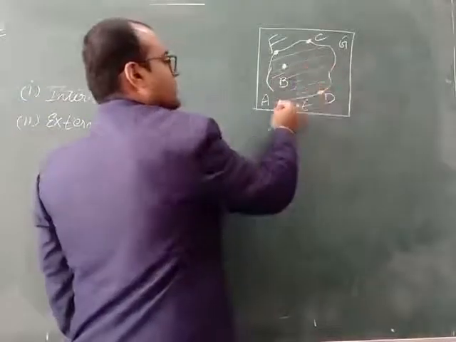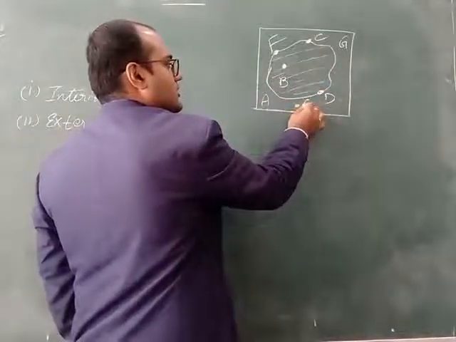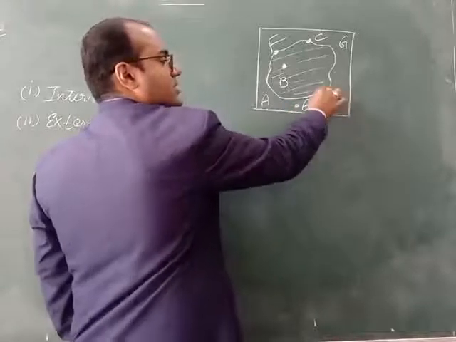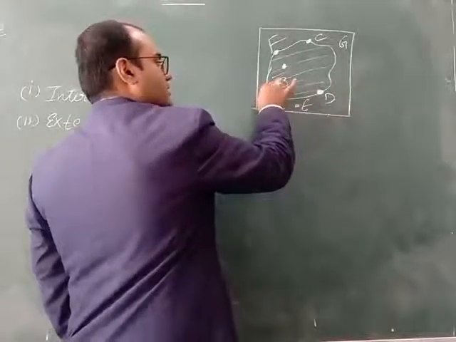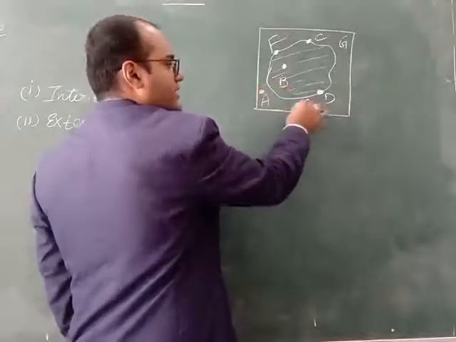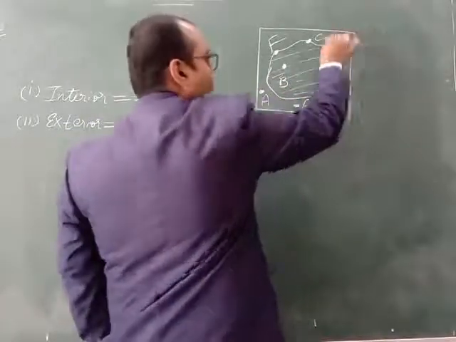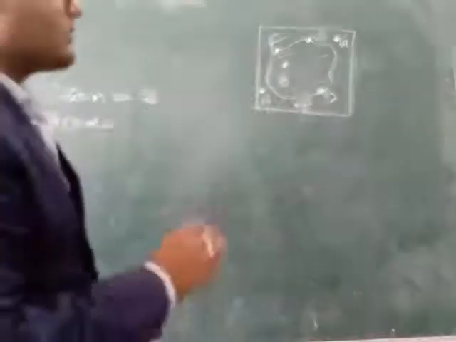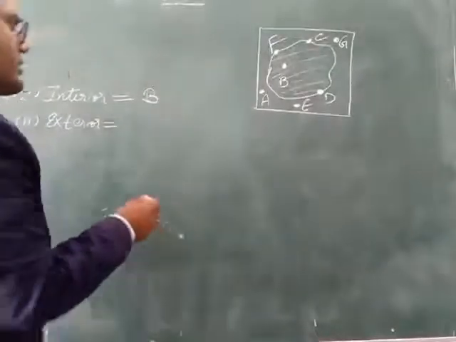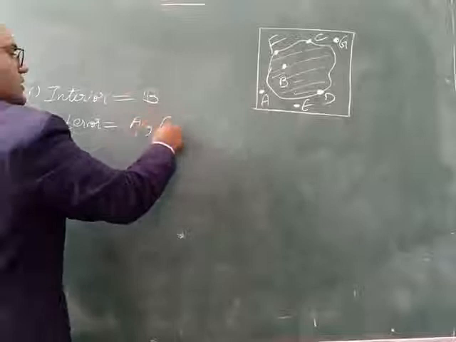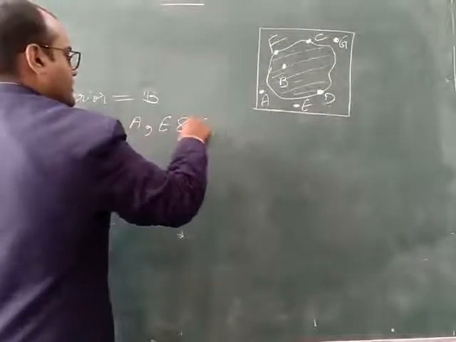A is coming, E is coming, D is not coming outside. D is this point. A is here outside, E is also outside, and G is also outside. So how many points are outside the figure? 3 points: A, E and G.